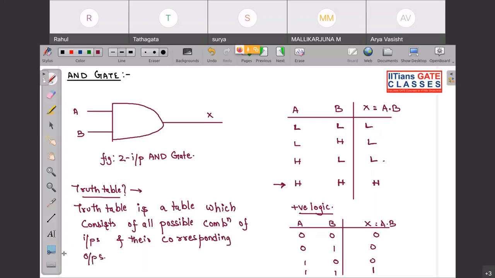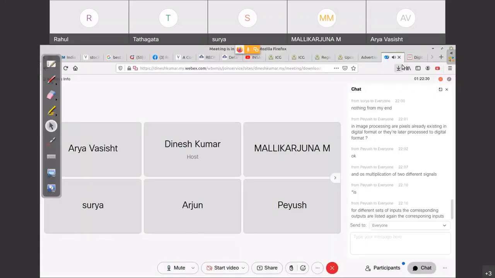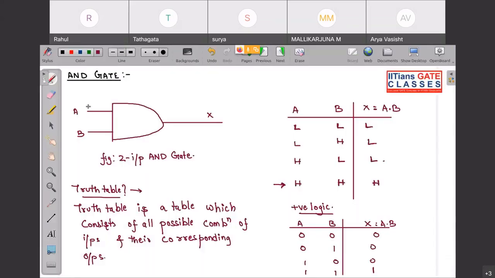So this is the simple definition of a truth table. Did we understand? For different sets of inputs, the corresponding outputs are listed. Very good, Piyush. Okay, so this is your truth table.